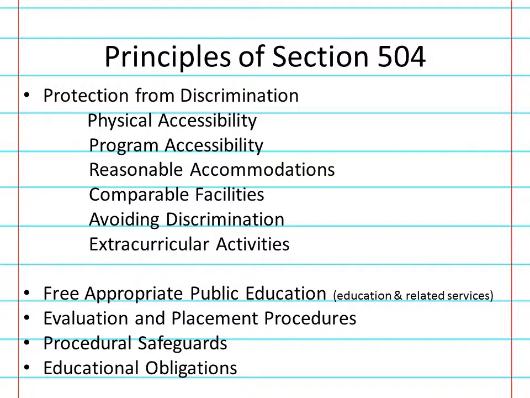So that goes into facility and physical access. We also need program access. Do they have access to all the programs that are offered in the school? Not physically, but are there accommodations that need to be made so that they're able to take, say, algebra or chemistry? When we're looking at accommodations, we need to make sure that they're reasonable. I think of this especially in higher ed, when we have a program where we are teaching students a career, and we want to make sure that we aren't doing unreasonable accommodations so that they aren't able to perform that job out in the workforce.